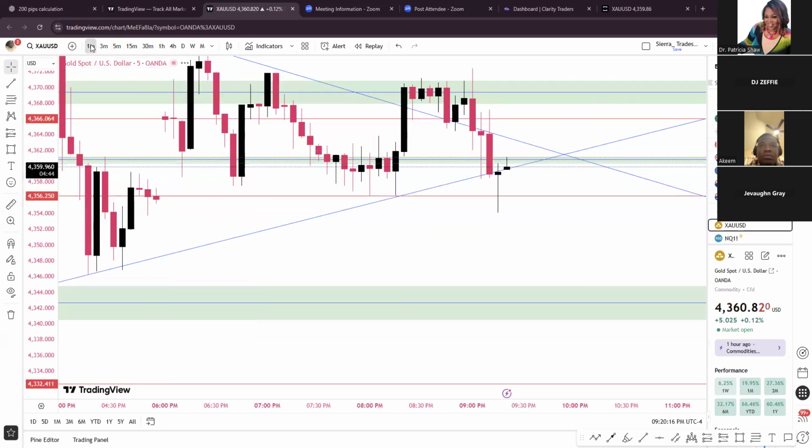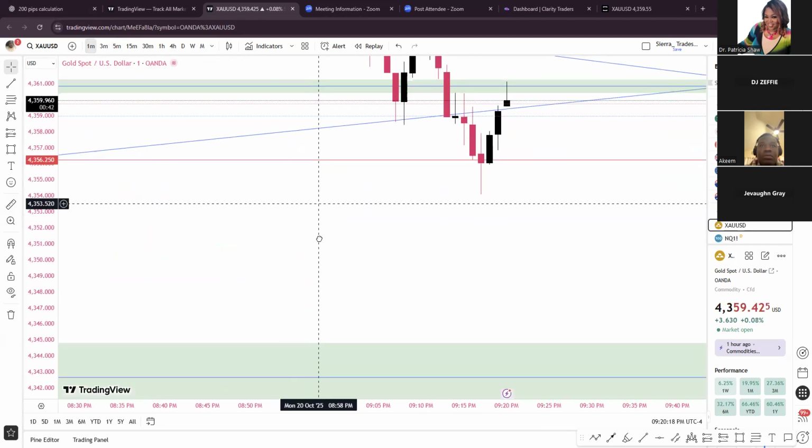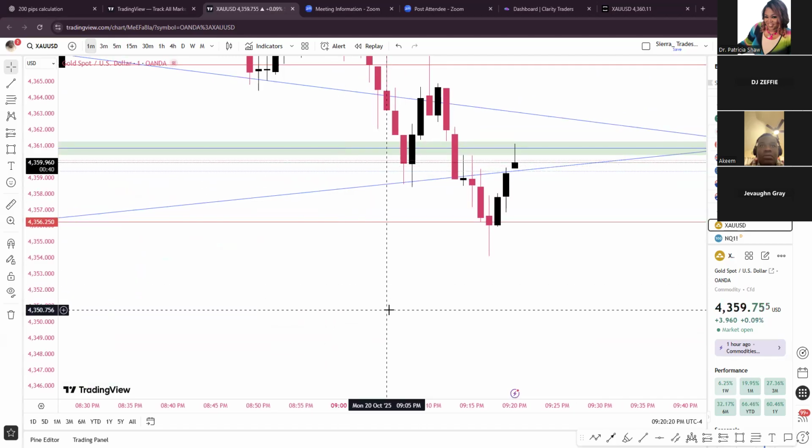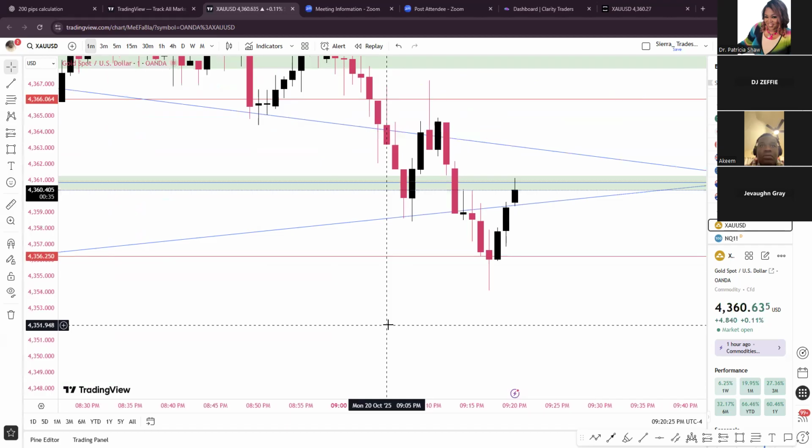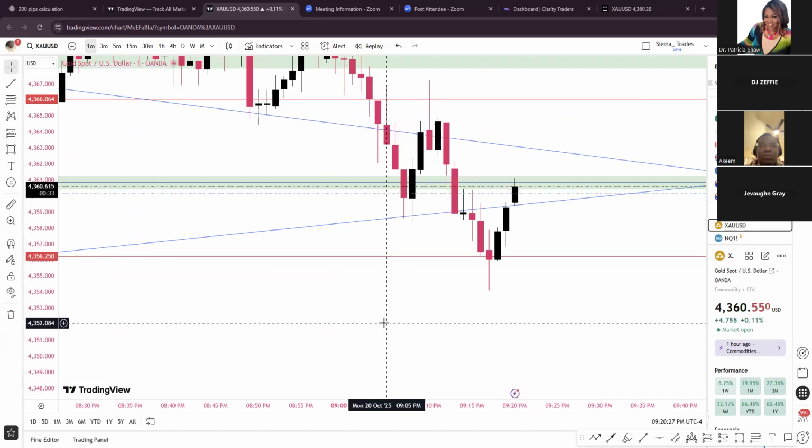All right, we've come back into that gap and we're getting some rejection. We got 40 seconds left on this candle. Let's wait for the candle to close. See what price is telling us. 15 seconds.